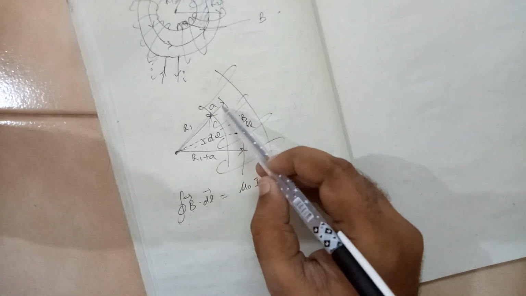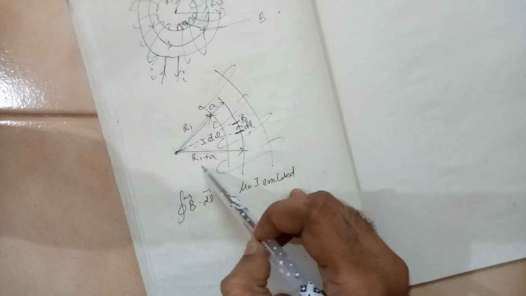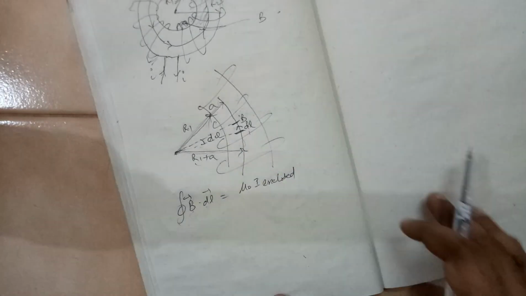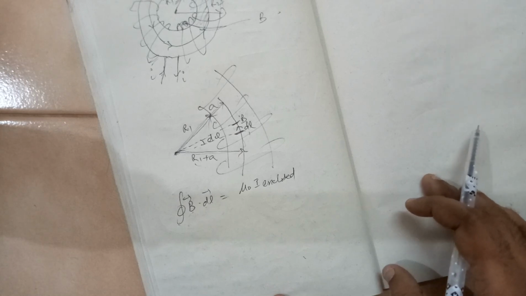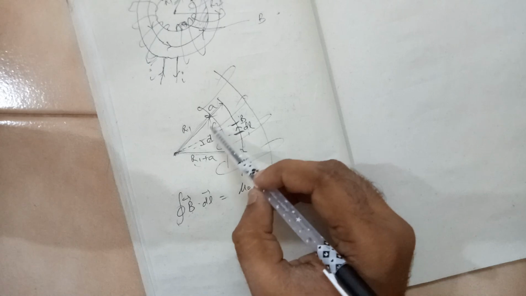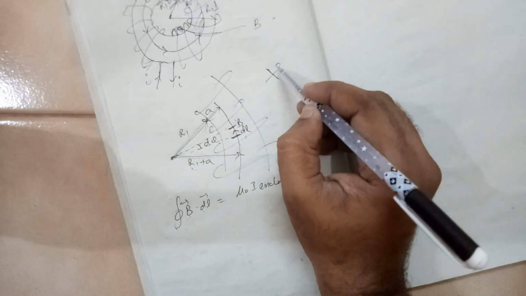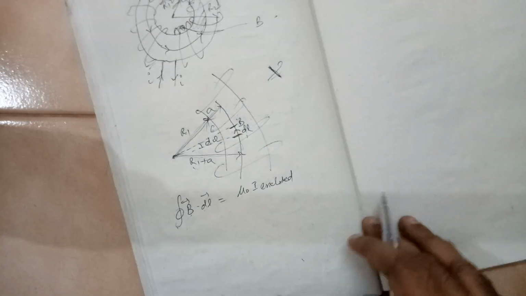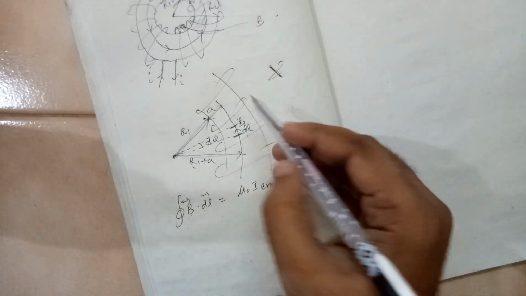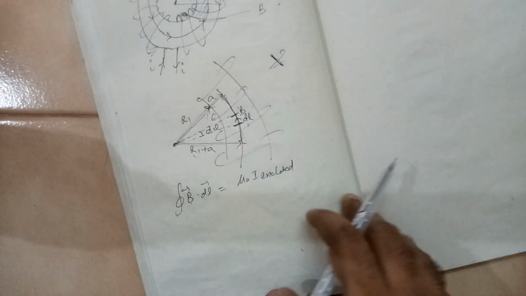Even if you consider this closed loop, the R1 and R1 plus A sides are perpendicular to the current carrying direction. You see the currents are wound like this, so dl is like this and the windings are going like this, so they are mutually perpendicular, so they will have no contribution. The contribution will be only because of this arc part.